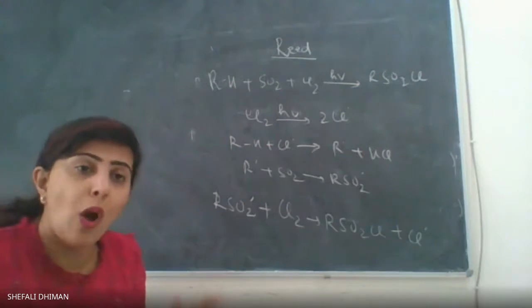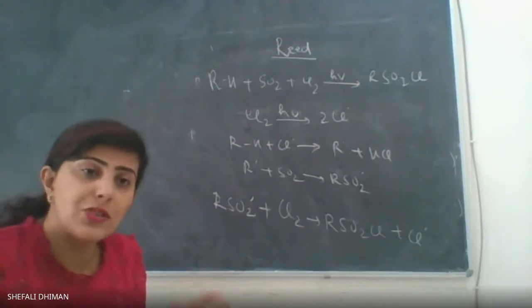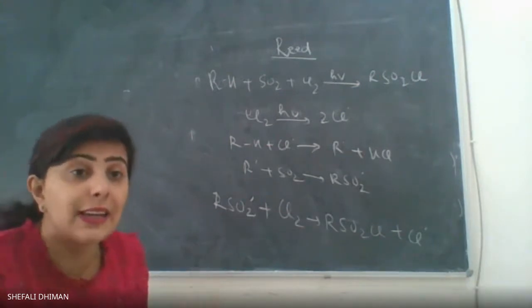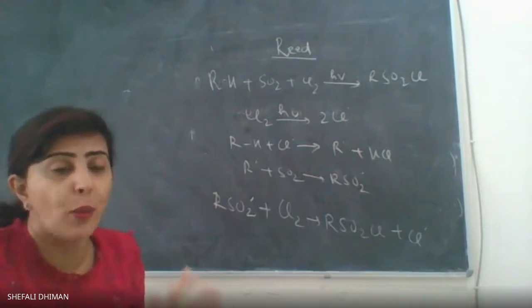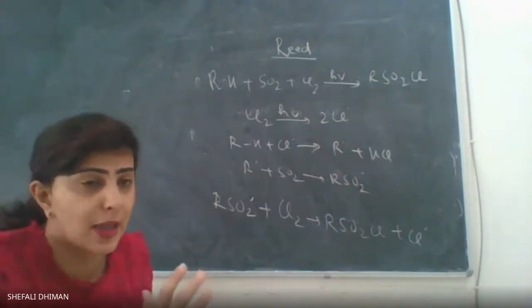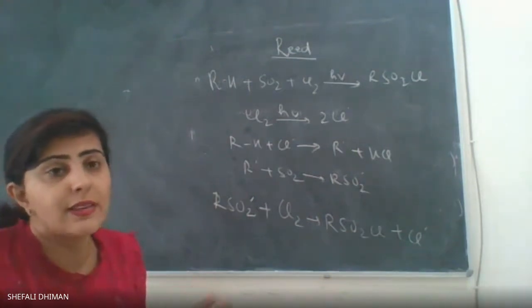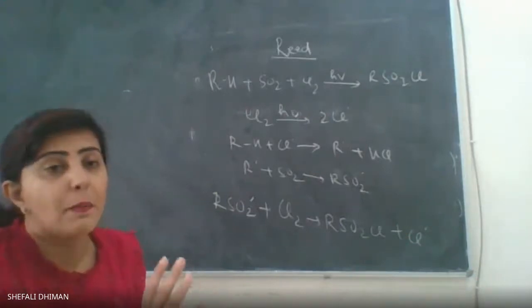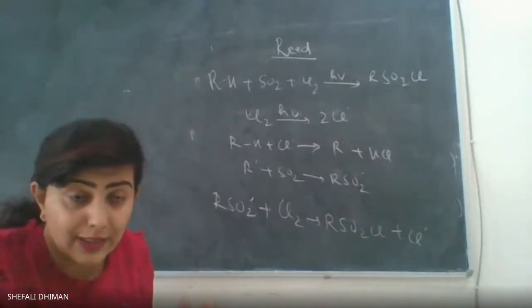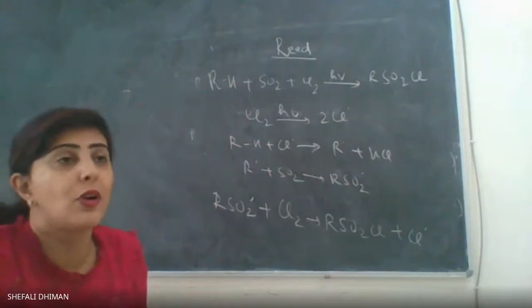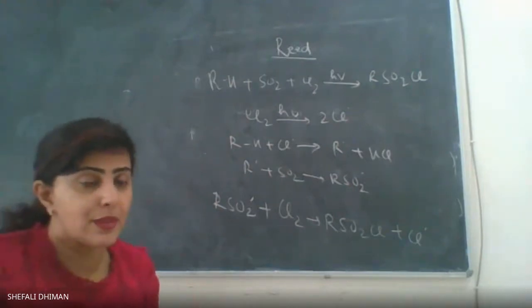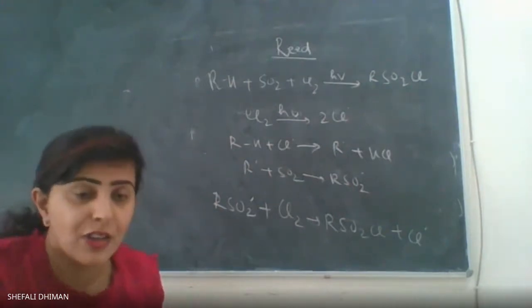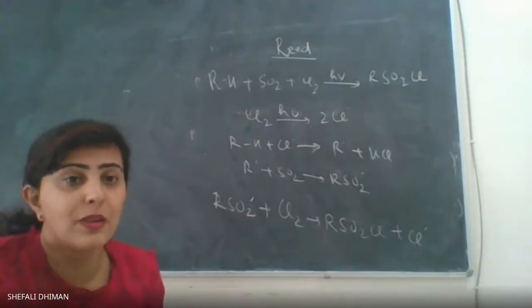The most common examples of such reactions are the allylic type of rearrangements when we have an allylic substrate. So whenever there is an allylic cation present or an allylic radical present, I'm talking about cation because we have seen those examples where it gets rearranged to a more stable species.